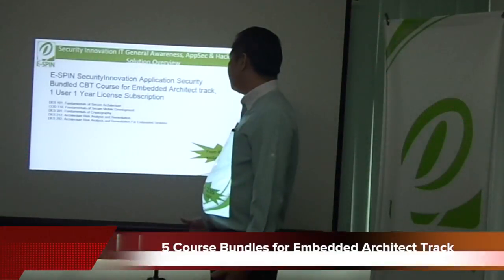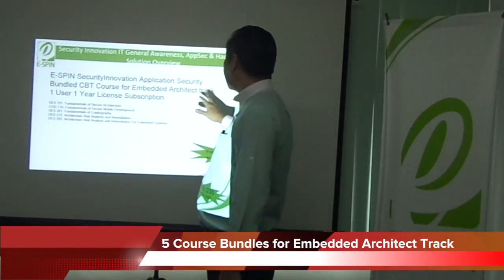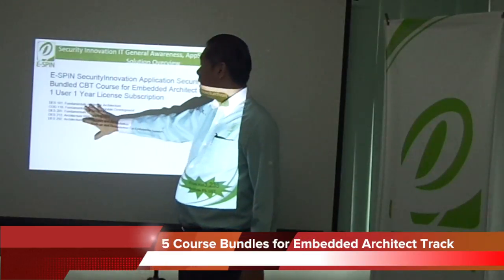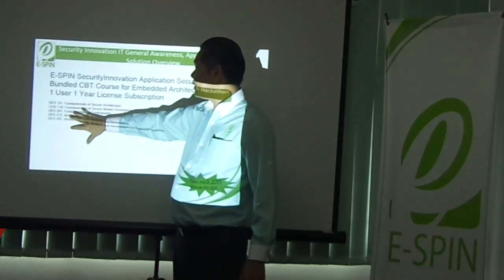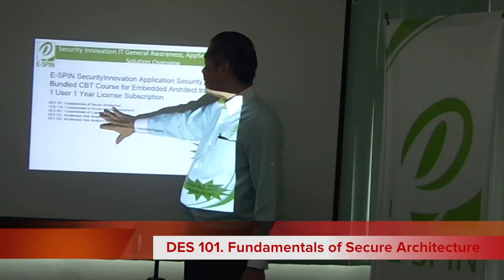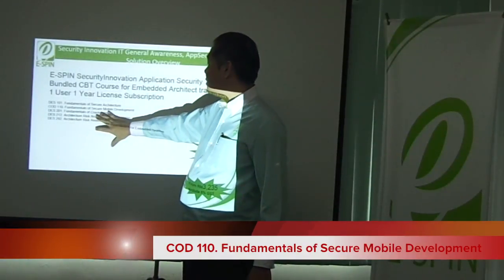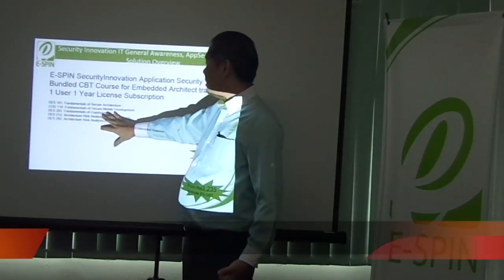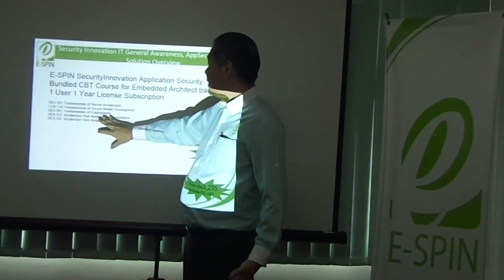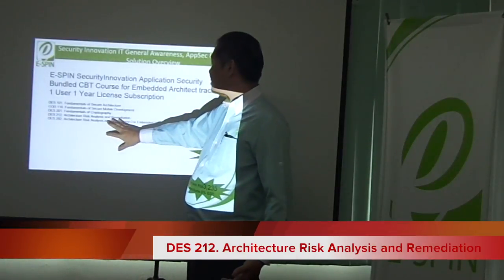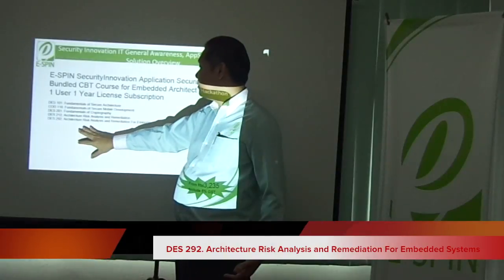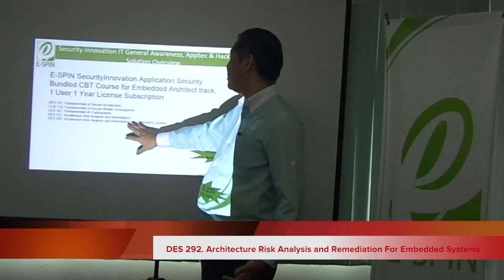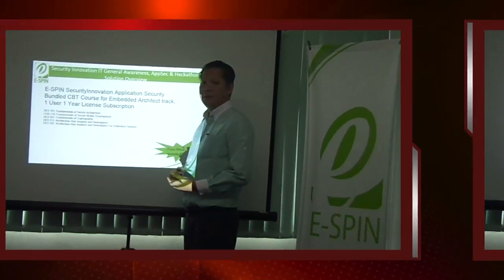For those involved in embedded architecture, this is a track inclusive of 5 courses: foundation of secure architectures, foundation of secure mobile development, foundation of cryptography, and then the architecture risk analysis and remediation, and then architecture risk analysis and remediation for embedded system.